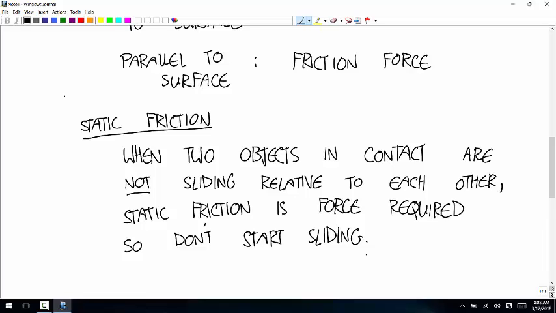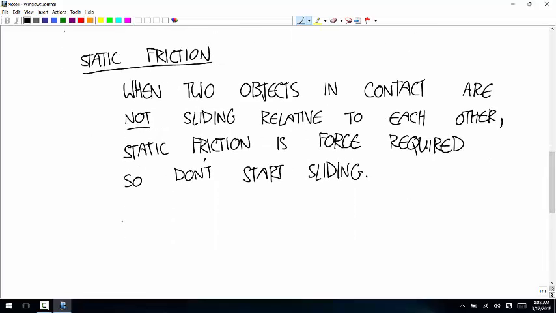So the force of friction is whatever is required for the acceleration to be 0.